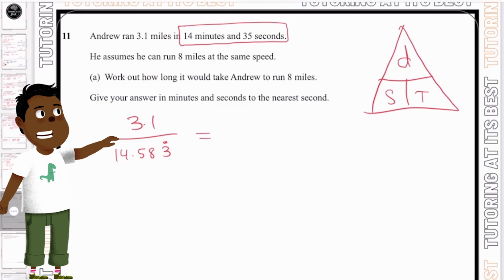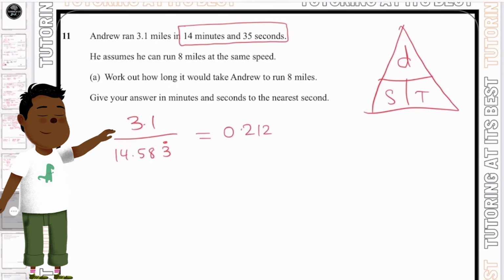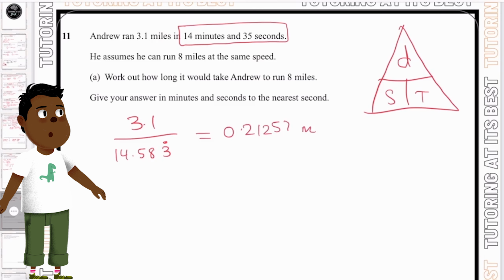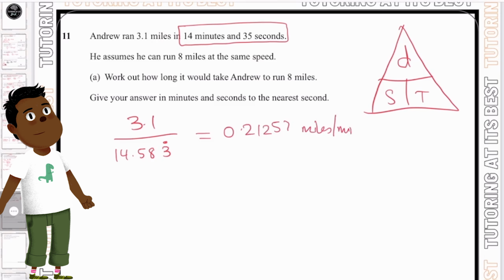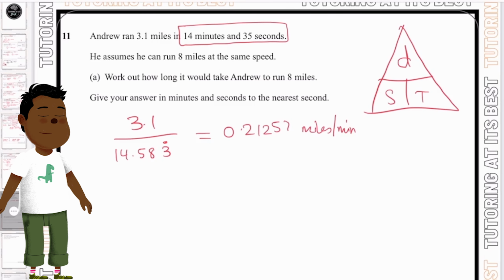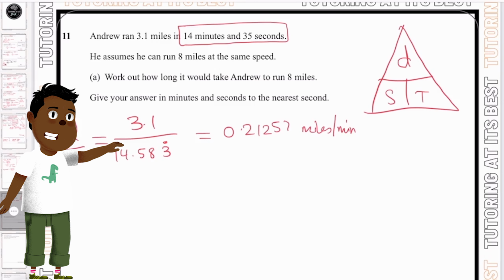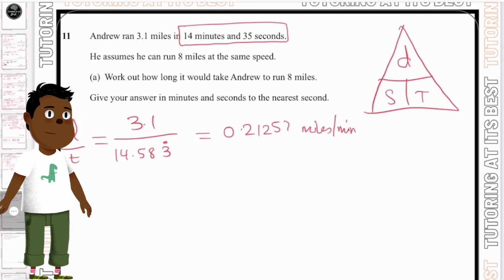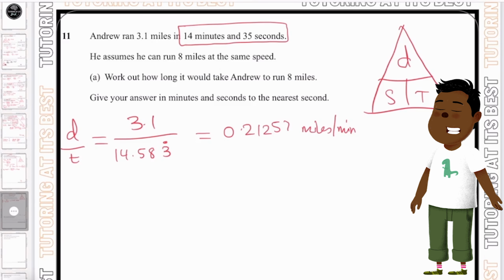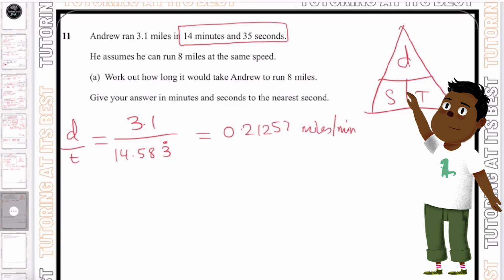And that answer would give me 0.21257, and that's miles per minute. And remember here, this is my distance over my time.